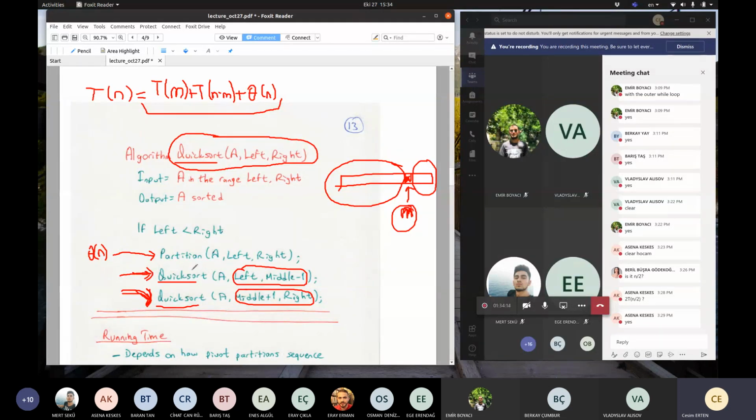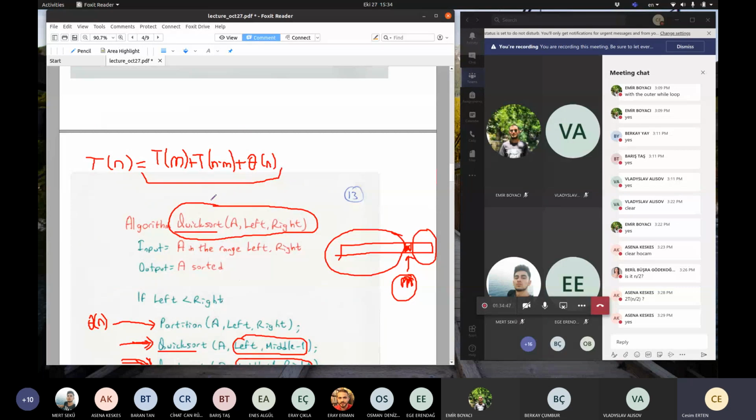The first quicksort call will require T of m running time, because that is the size of the input it works on, and the second recursive quicksort call will take T of n minus m, because that is the size of its input array.